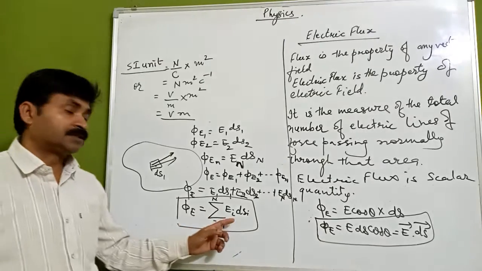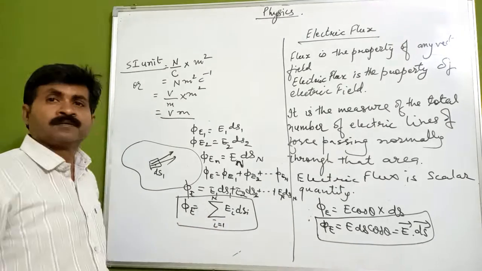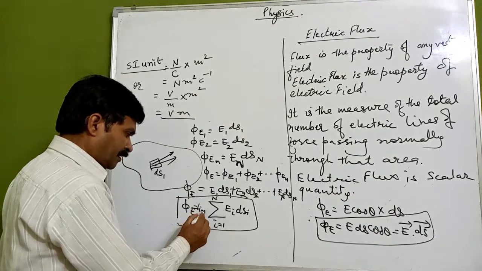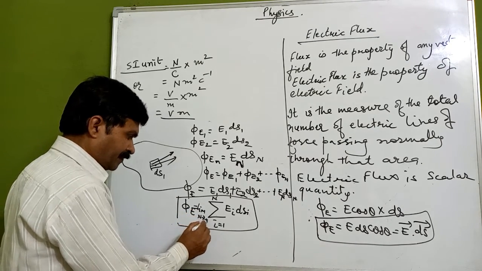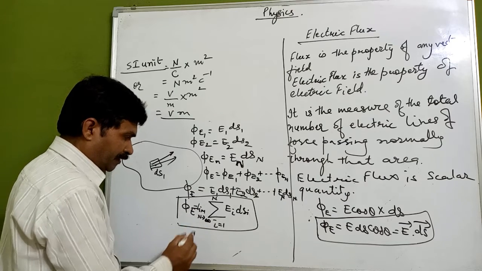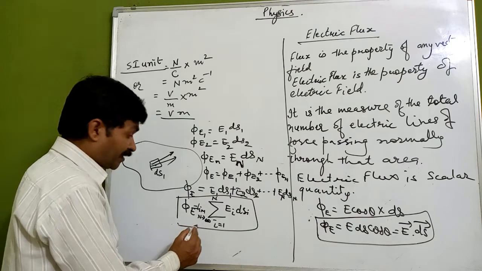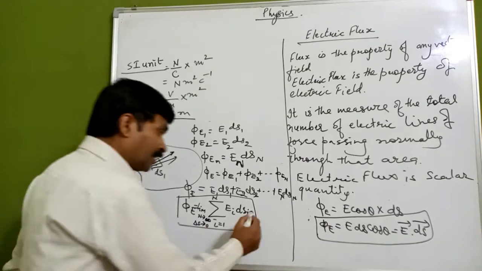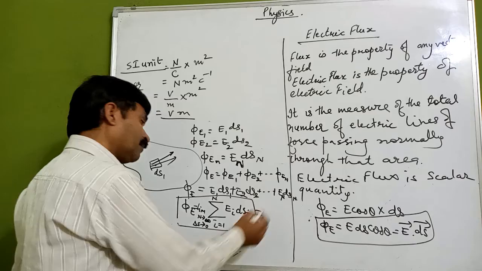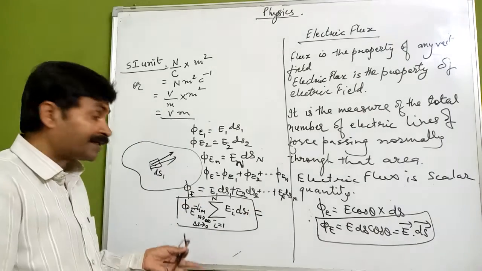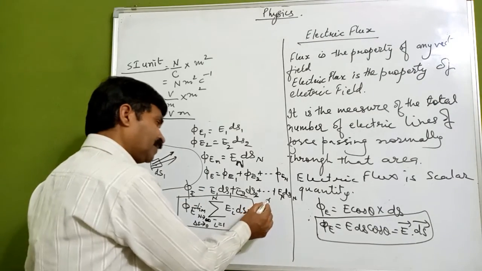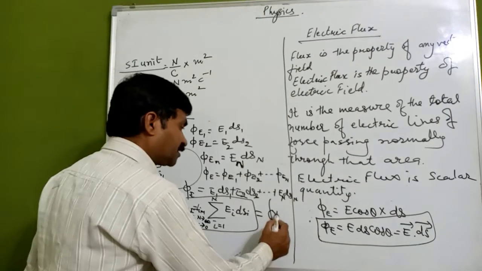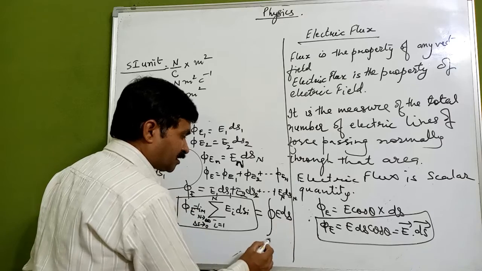Now here we have to take the limit n tends to infinity, which I forgot to write here, and delta S tends to 0. Then ultimately, whether it is a closed surface or an open surface, we have this closed integral of E dS over the surface area.